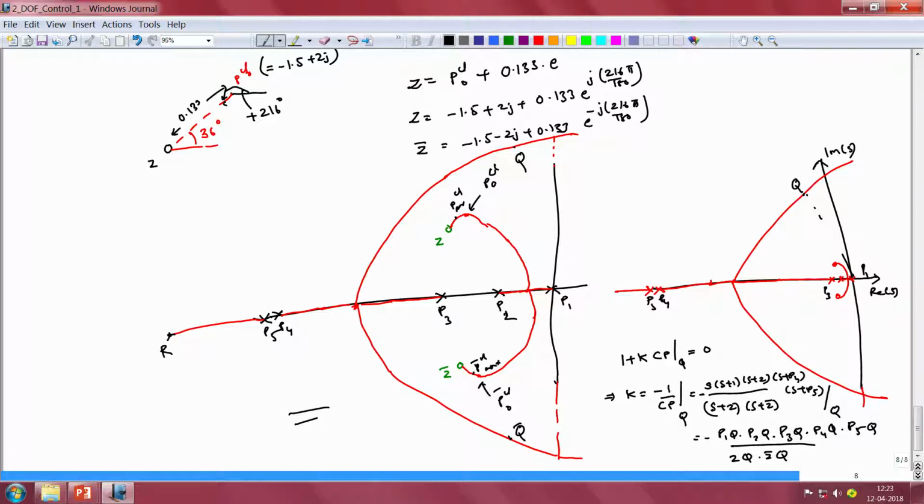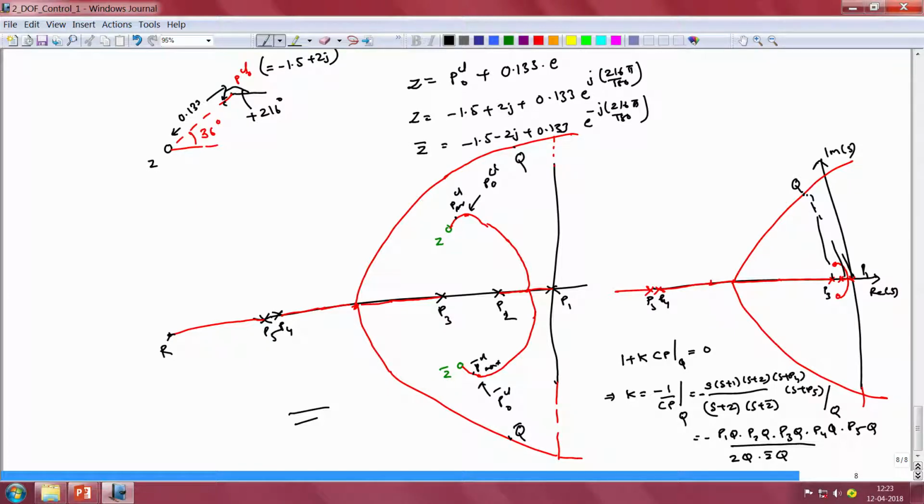The angles subtended by p1, p2, p3 at the point q will also be very nearly equal to one another, and so will the angles subtended by zq and z bar q. All of these subtend very nearly the same angle at the point q, and all these distances will very nearly be equal to one another.